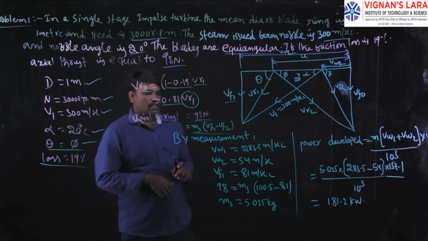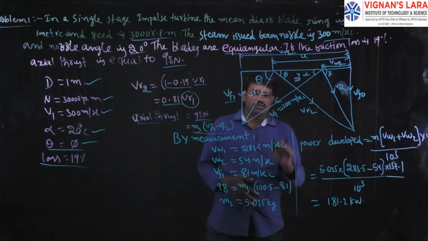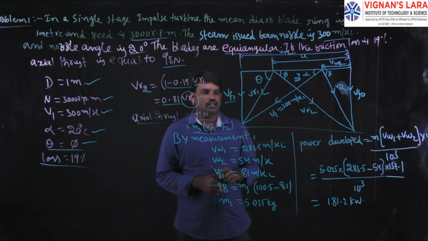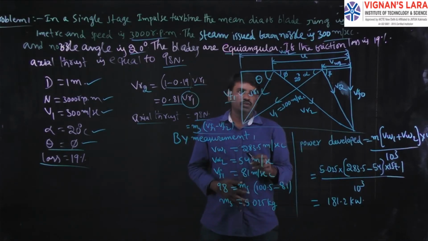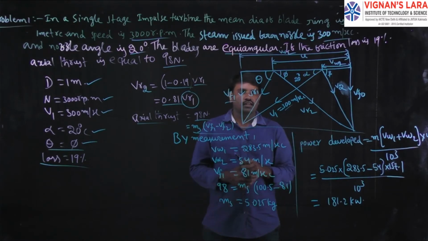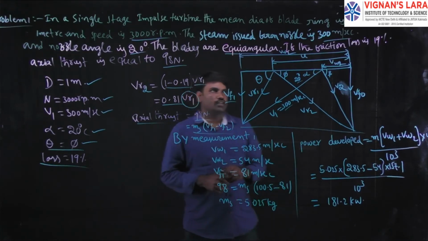Then you have to draw the velocity triangle based on the given velocities. V1 is given, that is the nozzle velocity, and alpha is given, 20 degrees. And theta is equal to phi.